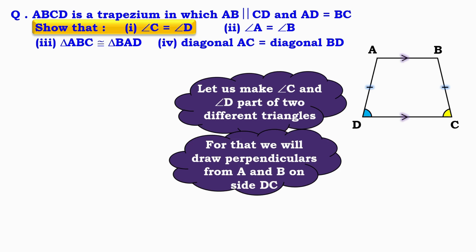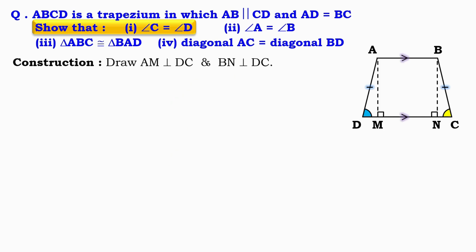So let us make angle C and D part of two different triangles. For that, we'll draw perpendiculars from A and B on side DC. Okay. So let us draw the perpendicular, that is AM, and another perpendicular BN. Now this is going to be the construction part. So in construction, what should we write? That draw AM perpendicular to DC and BN perpendicular to DC.